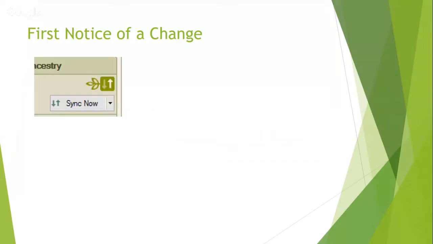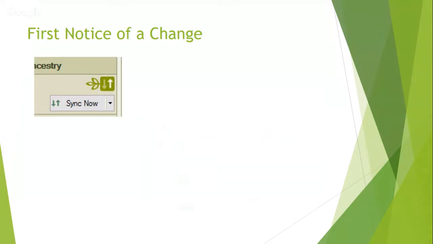The first time I noticed it, I was going to do a tree sync, and the icon on the screen now indicates that a change was made in my database and I needed to upload it to Ancestry. And the down arrow is not bright, which means that there's no changes that have been made on the Ancestry Member Tree to download. So it's all upload from my computer.